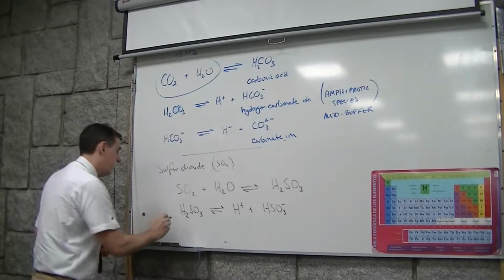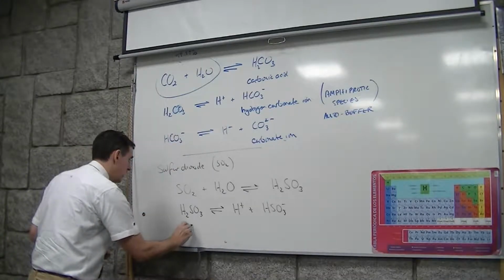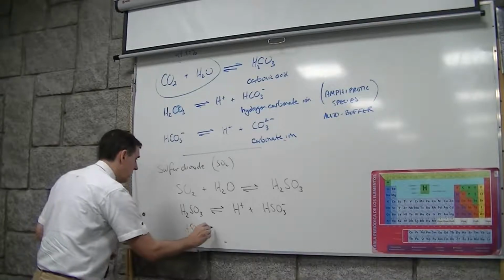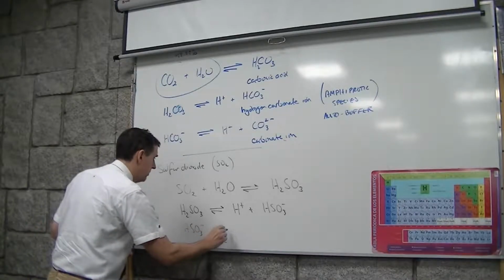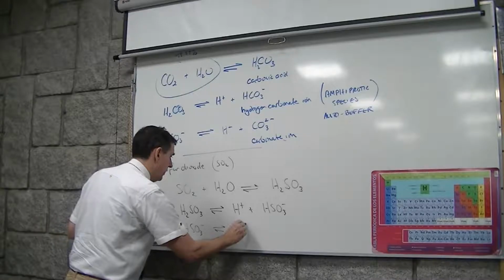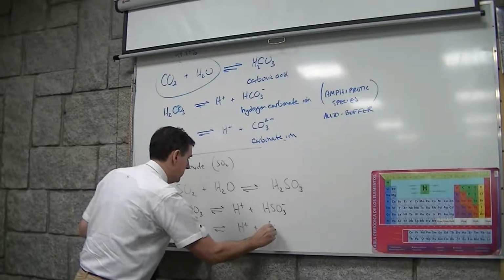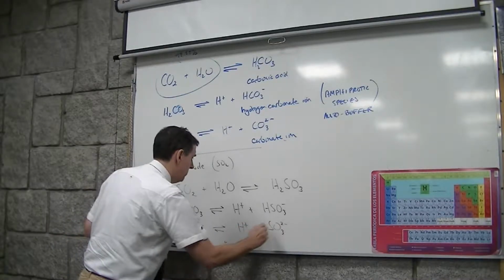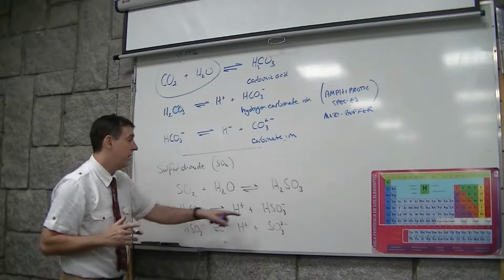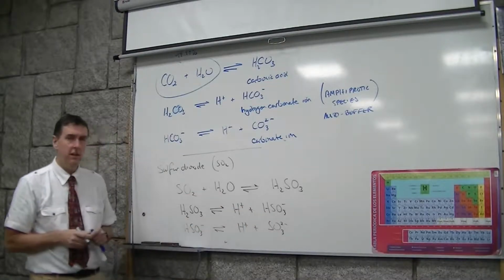And the HSO3 minus can also dissociate to give H plus and SO3 2 minus. This is the hydrogen sulfite ion.